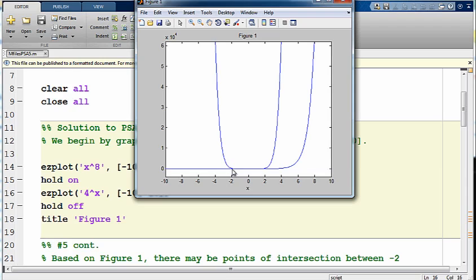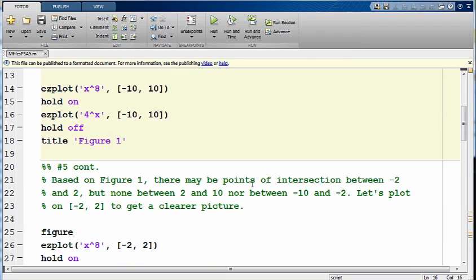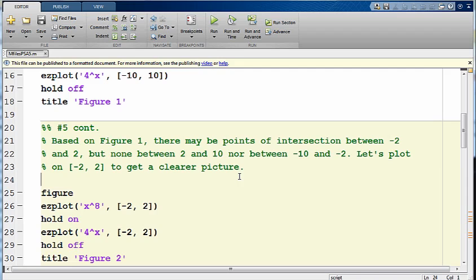They clearly don't intersect to the left of minus 2. 4 to the x is going to 0. x to the 8th is going to infinity. To the right of 2, not so clear. And so that's the comments here. There may be points of intersection between minus 2 and 2, but none between 2 and 10, nor between minus 10 and minus 2. So it seems.